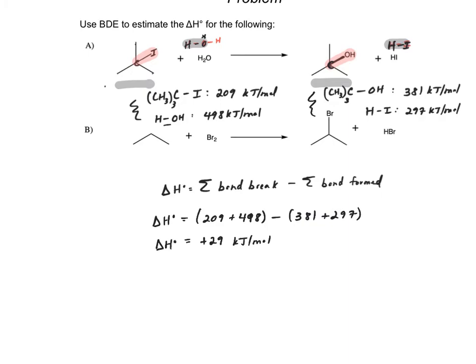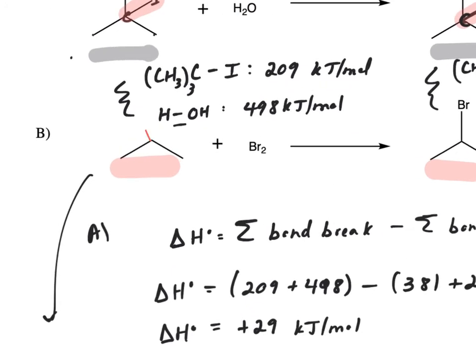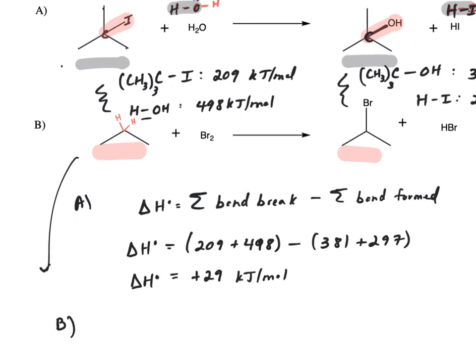Okay, so same thing for reaction B. So this guy is A. Going to go down here for B. We'll notice again what's changing between our reactants and our products to actually determine which bonds are being broken and which are being formed. So in our reactants, we've got a carbon attached to 2 hydrogens, and one of those hydrogen-carbon bonds is being replaced in the product.